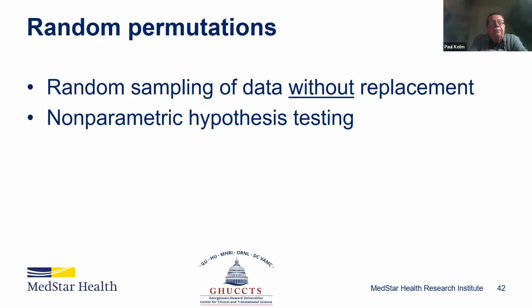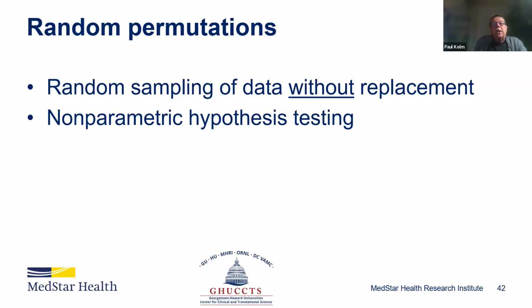So the last one that I want to talk about, of the resampling statistics, is random permutation. And so now we're going to do random sampling of our data without replacement. Remember that with our bootstrap, we did random sampling of the data with replacement.